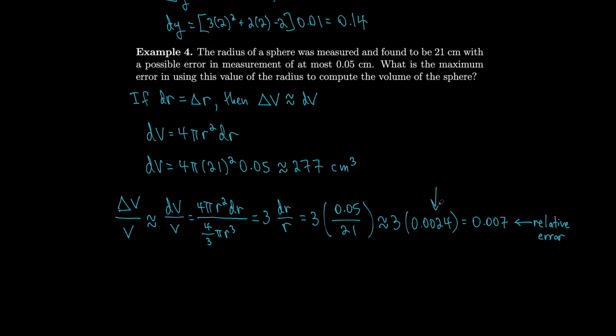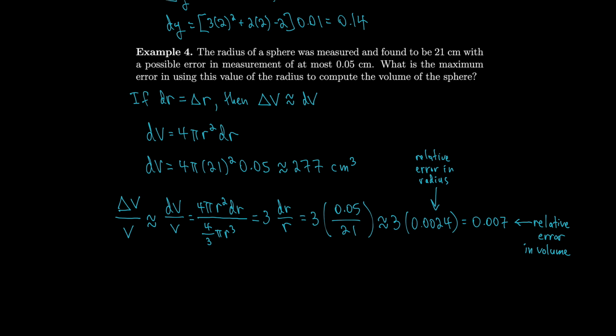This 0.0024 was the relative error of the radius. So I should probably write in volume, or in calculated volume. This was the relative error in the calculated radius, or the measured radius.